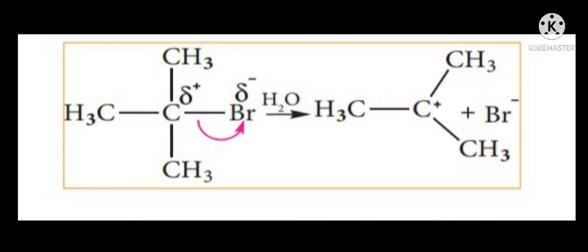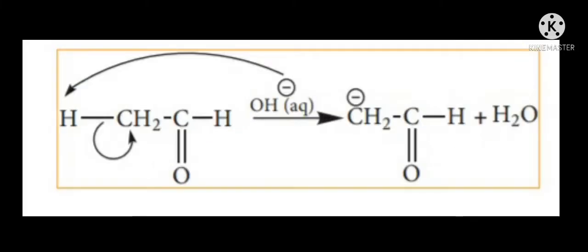It is shown here. Next, let us consider the cleavage in a carbon-hydrogen bond of aldehydes or ketones. Here, carbon is more electronegative than hydrogen, and hence the heterolytic cleavage of the carbon-hydrogen bond results in the formation of carbanion.